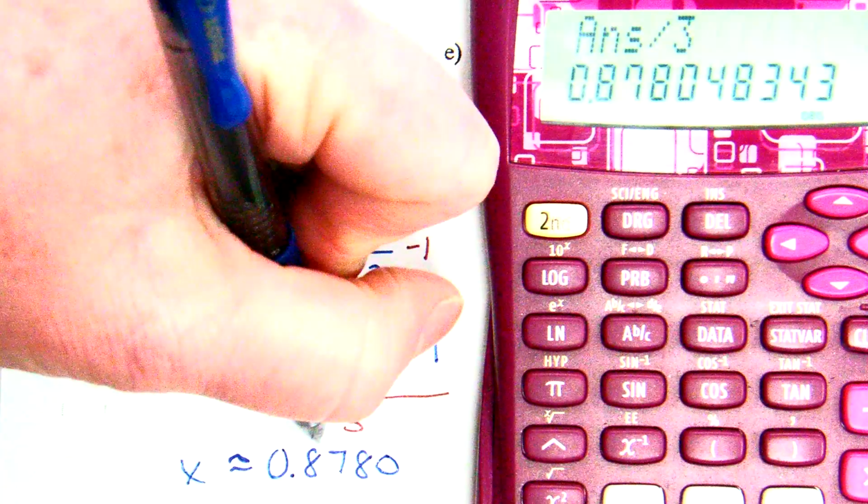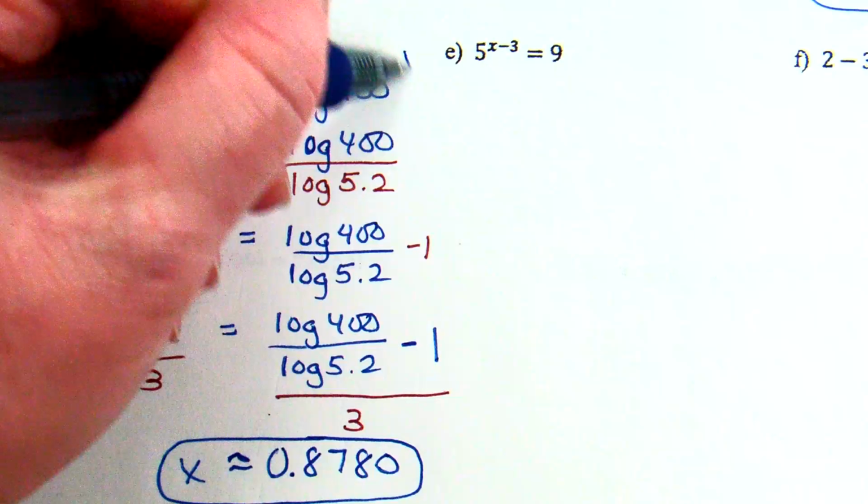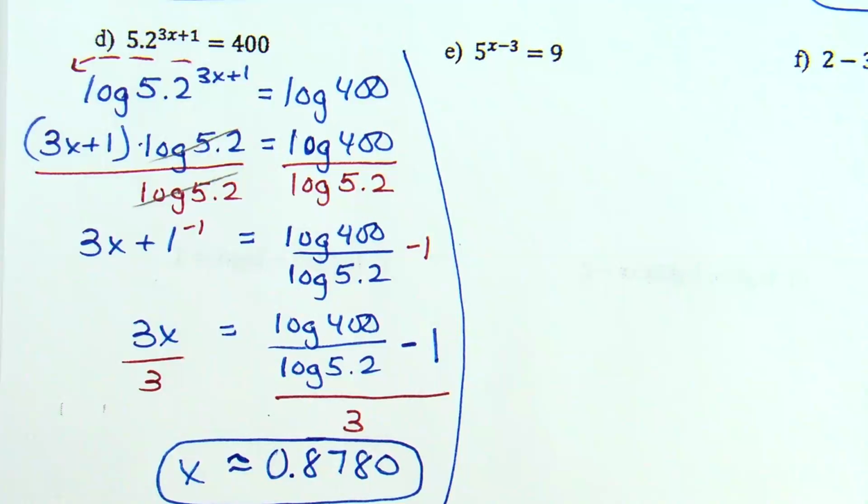Okay. Those are kind of the challenging ones, when we have more than just a basic x term in that exponent. Let's go ahead and try E. Get the idea down here. Okay, you got it?